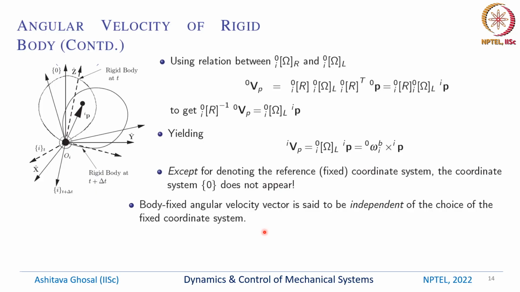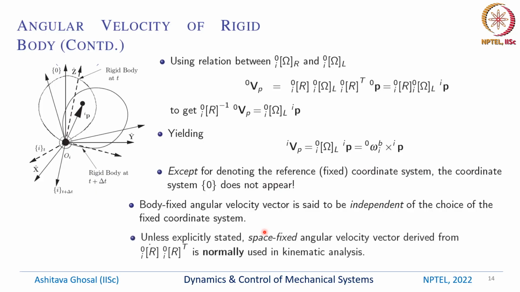In the case of space fixed, it doesn't depend on what is the choice of the coordinate system attached to the body. So unless specified, most of the time we will be using the space fixed angular velocity vector. And just to recollect, the space fixed angular velocity vector is derived from r dot r transpose.